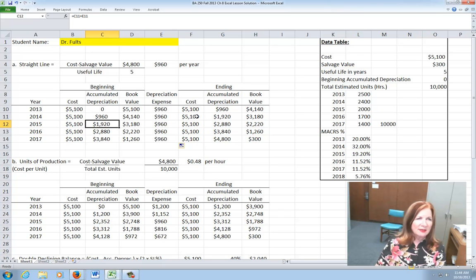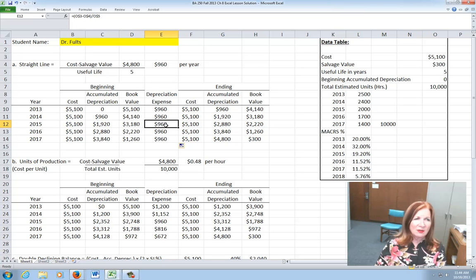And notice that then the book value is B12 minus C12 to be D12. That's how we're talking about these things now in cell formula language. And again, we've proven that these are the correct numbers. They were the same at both the end of the year and the beginning of the year.